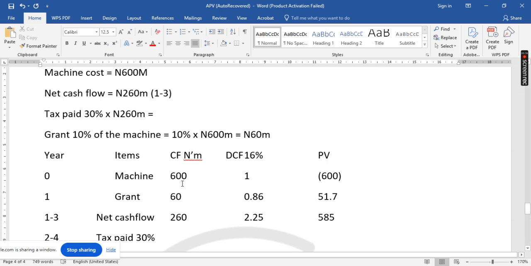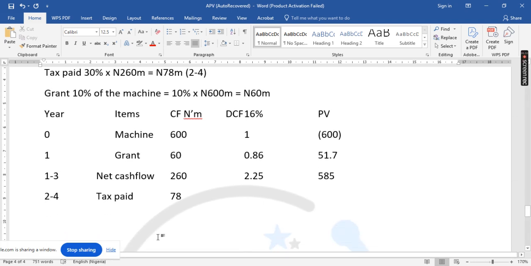When you multiply it, what do you have? 78. Class, what do you have? 78. Okay. 78 million. So from year 2 to year 4, you come down and say this is 78 million.